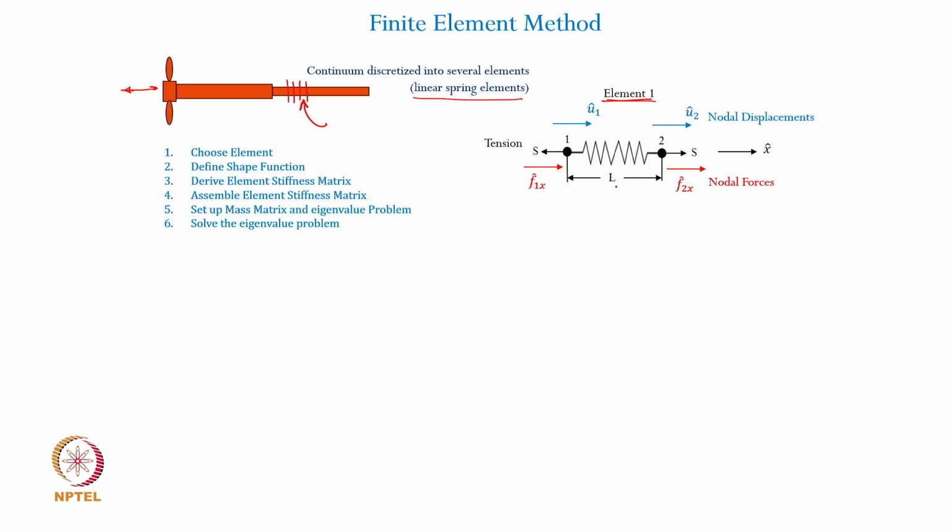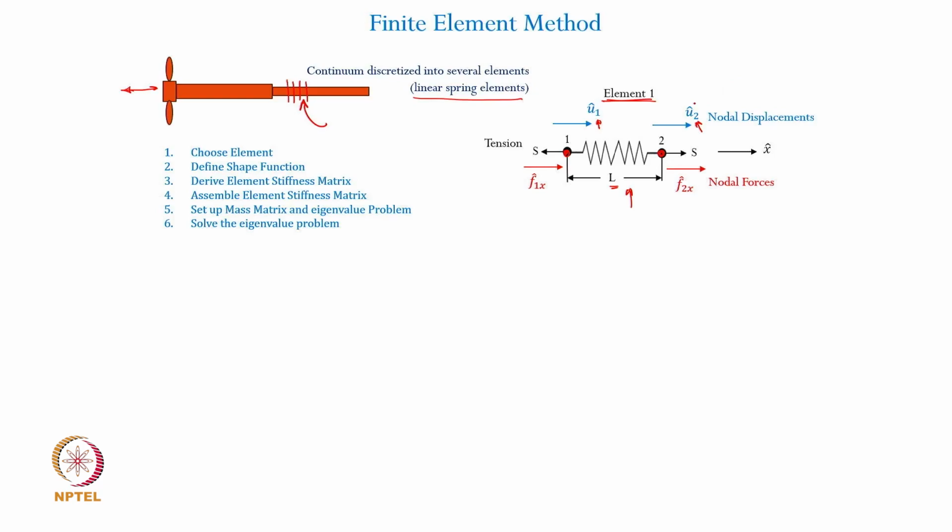That small segment is shown here having a length equal to L. So, a finite element has a length L. This is the length of the segment, and the element has two nodes at the two ends, 1 and 2, and we define parameters such as displacements of these nodes as u1 cap and u2 cap. These are the translatory displacements at the two node positions, the ends of this finite element.